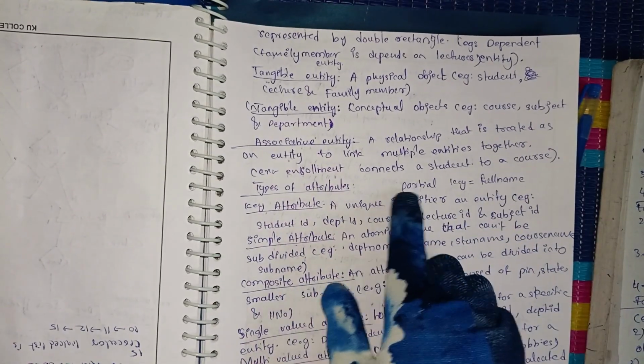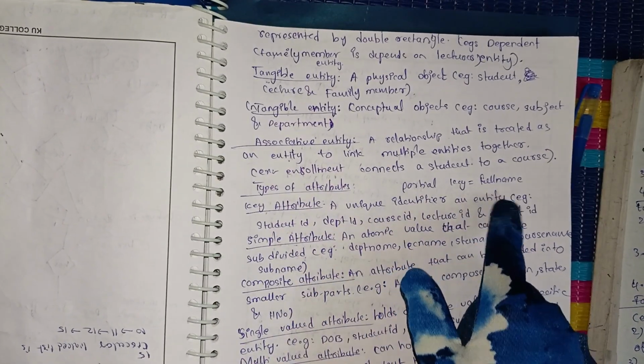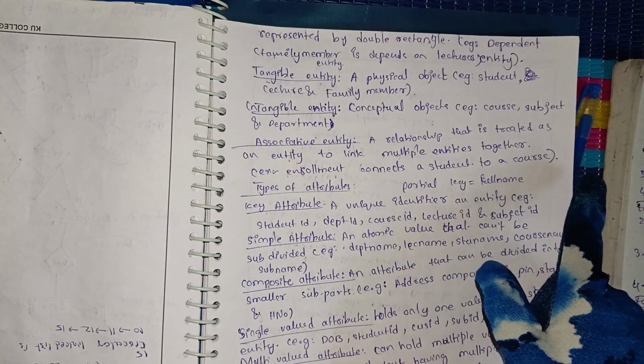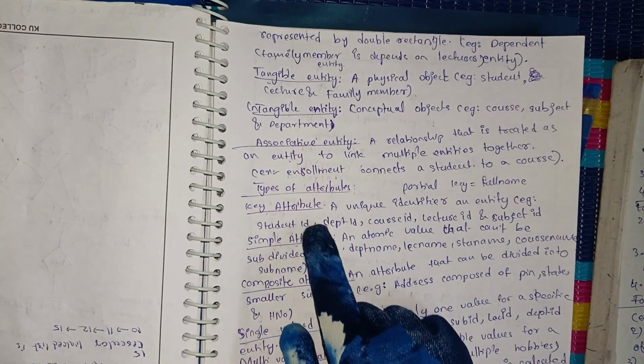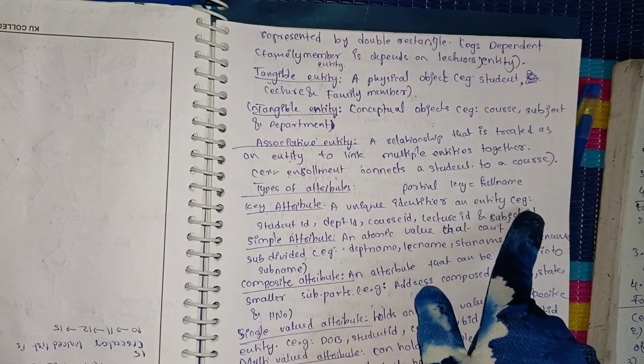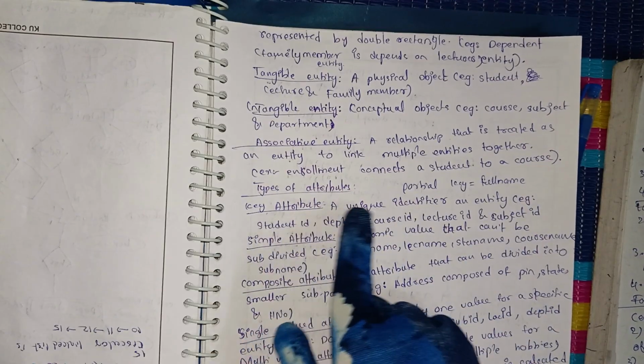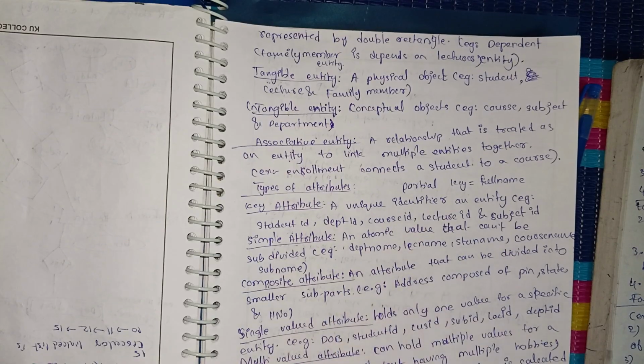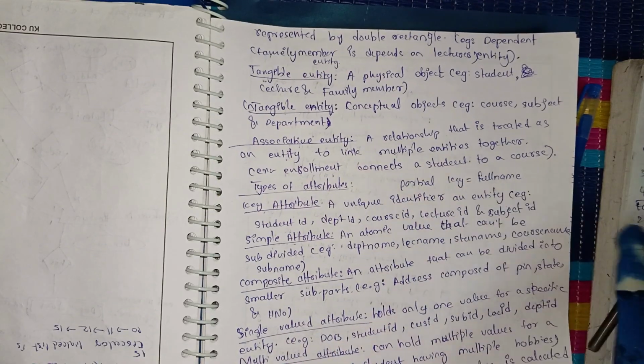And then types of attributes. Partial key here is the full name, or dependent name, we can say. Key attribute: a unique identifier of an entity.